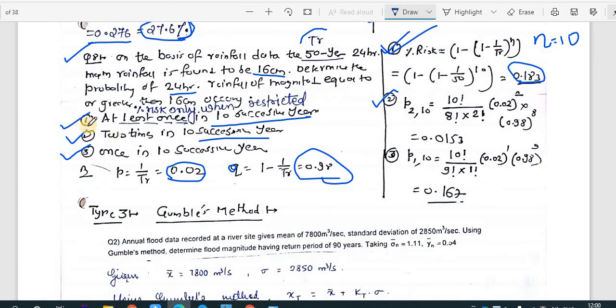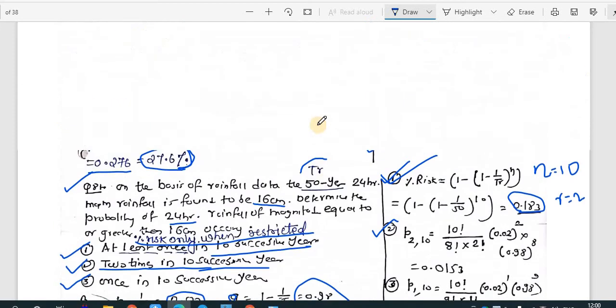In the second case, it is asking for percentage risk only. Two times in 10 successive years, so you will have to take the r value as 2. We are going to use the same above formula.